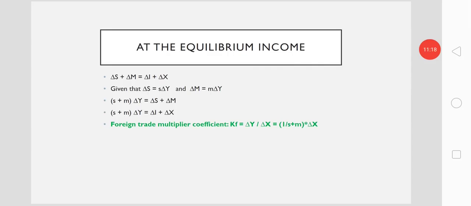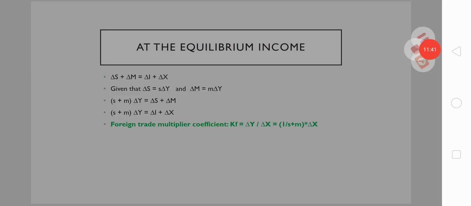So it is important for the macroeconomic policy determination of a nation. A nation should be aware of what kind of change will happen in its national income due to the investment in that nation's export industries.